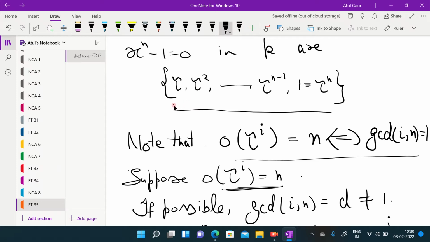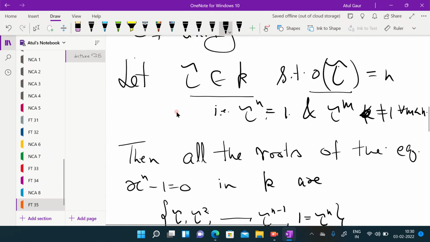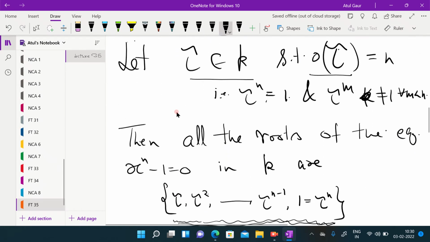So how many primitive nth roots of unity will you have? No, primitive is that for which multiplicative order is n.